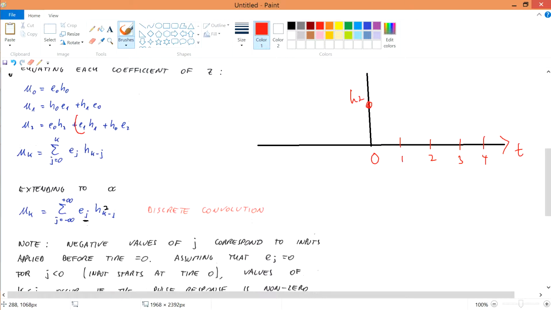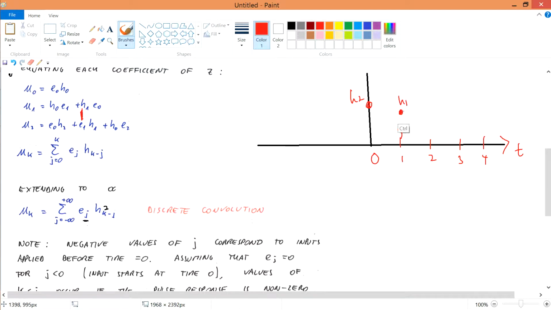And then at e1, at time 1, because e1 is simply 1, the magnitude is 1, they are just telling the person that at time 1 there is an input of 1 into your transfer function h1, so the output is h1. So at time 1, I'll have an output of h1 over here.